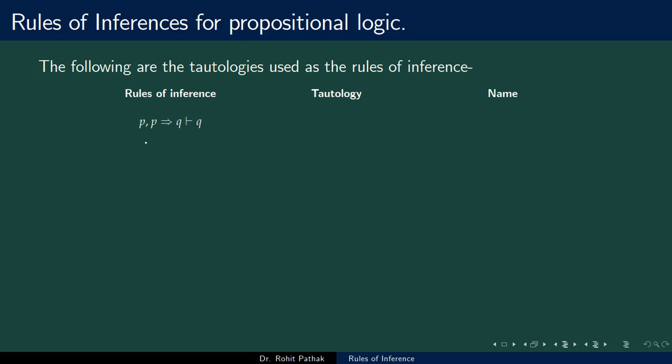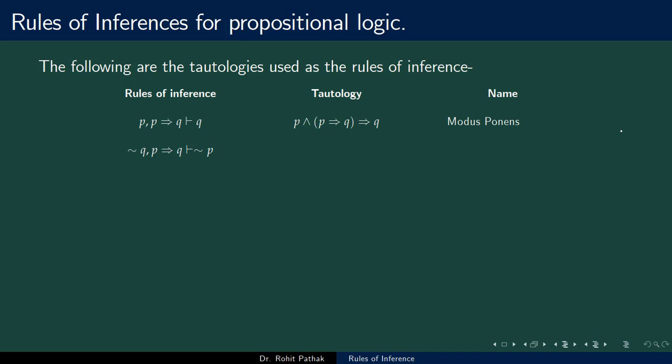First is P and P implies Q. These two premises give the conclusion Q. So P and (P implies Q) implies Q is a tautology, and its name is modus ponens. You can verify this is a tautology. So this can be taken as a rule of inference, which is called modus ponens.